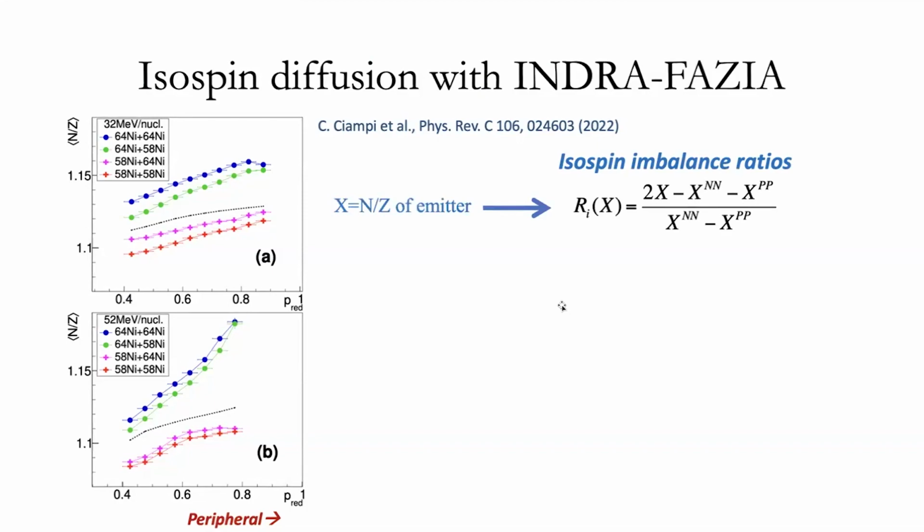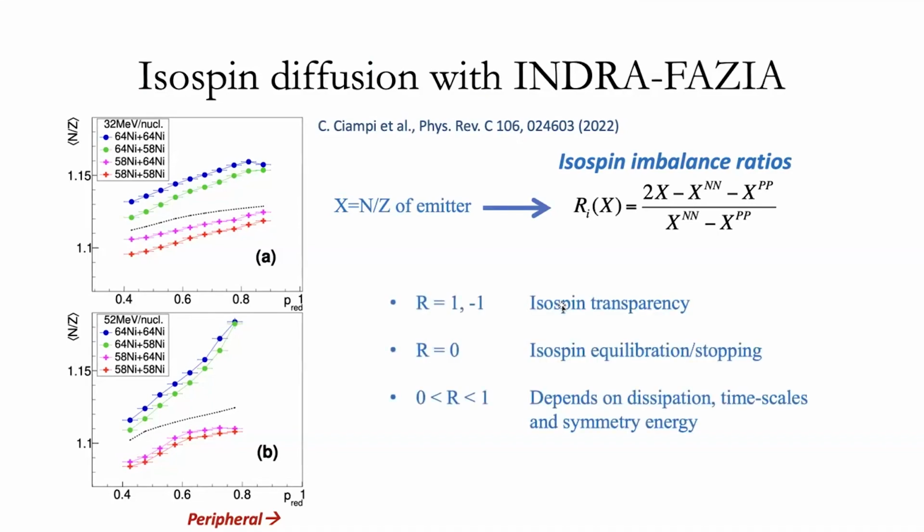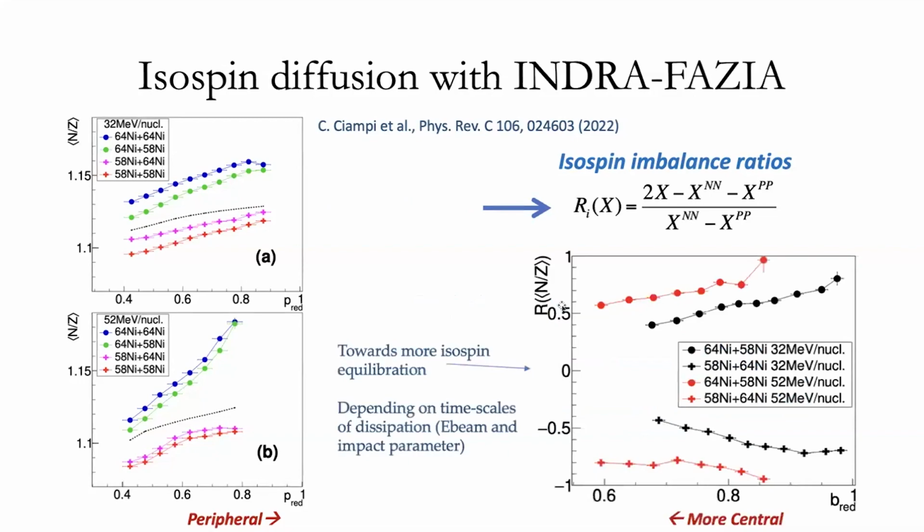So this is the N over Z of the emitter, measured thanks to the fact that you are detecting it directly with your experimental setup. Again, you have transparency for R equal 1 or -1, and R equal 0 is equilibration. In between, you have a partial dissipation that depends on time scale and symmetry energy. This is what you observe in these INDRA-FAZIA experiments. Going from peripheral to central collisions, at the lower beam energy, the black points, you go towards more and more equilibrium.